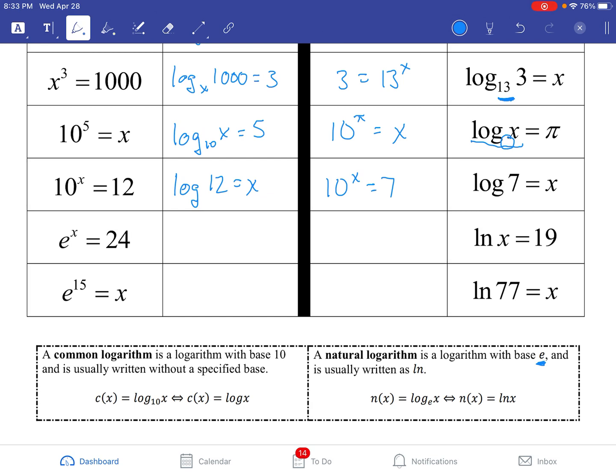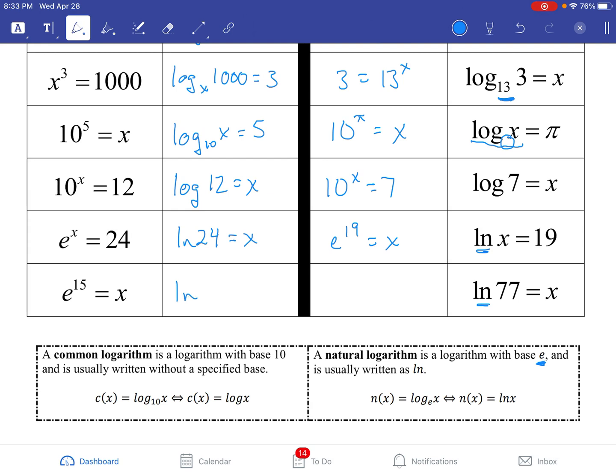But if we're using e, it's something called the natural log, which is what this ln is for. So we would write the natural log of 24 equals x. The fact that we're putting natural log means we're using e as our base. This would be e to the 19th equals x.